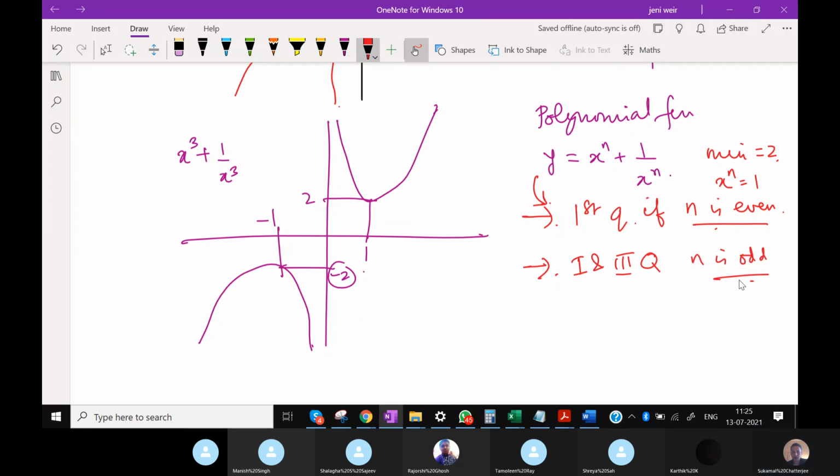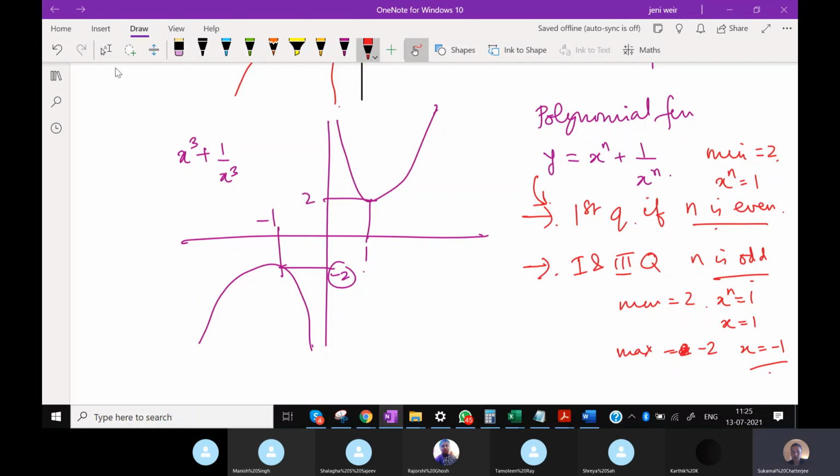And there will be a maxima and a minima, where the minima will be 2 when x to the power n equal to 1 or x equal to 1, and the maxima will be negative 2 when x equal to negative 1. So this is the behavior of this function if it is a pure polynomial.